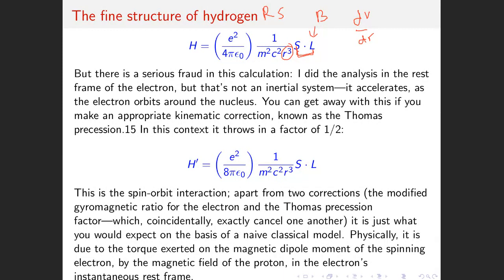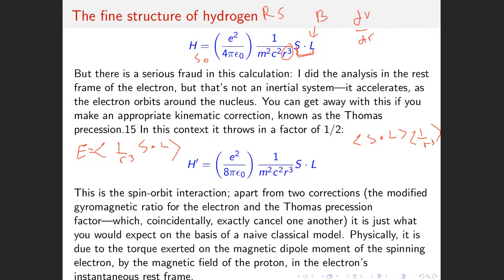Now this is another part of the Hamiltonian. To find the corrected energy levels, you have to calculate the expectation value of 1 over r cubed, S dot L. This is dodgy, but let's just say this is what I have to calculate.